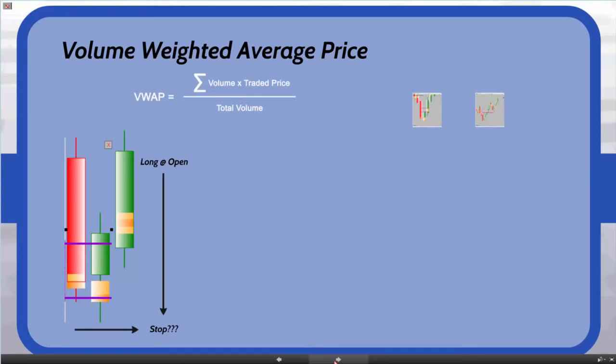As we've already seen, the low is just an arbitrary number, right? There's no real logic in saying that a move below the low is a good place to end my trade. So every time I have the opportunity to work with a trader and they're telling me about their strategy and why they put their stop below the low, I just kind of scratch my head and try and hold my tongue. But you're seeing it, right? There's a reality here.